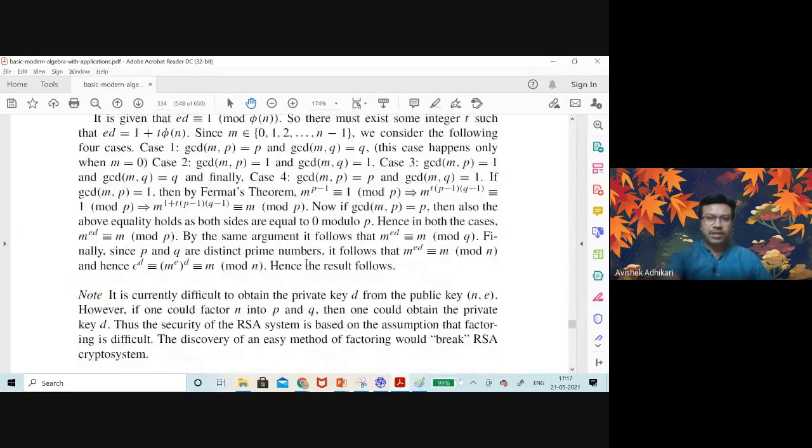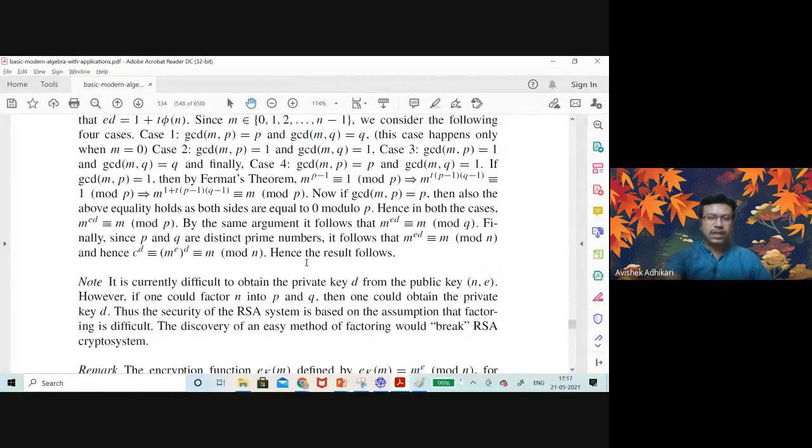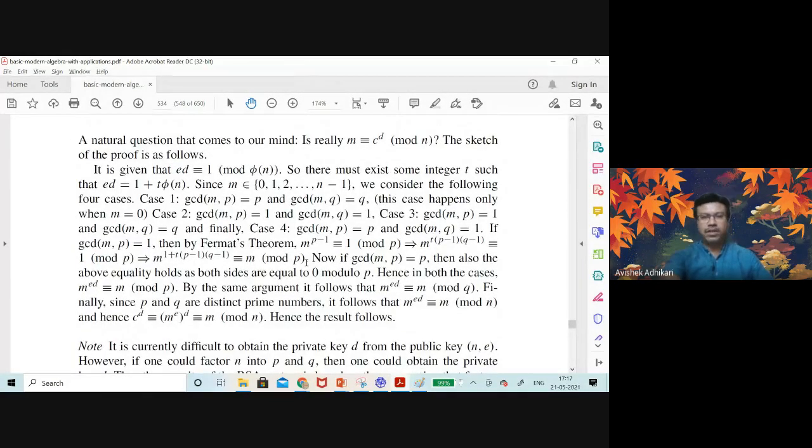So chapter 10 is very important because that is the number theoretic part that is used heavily in public key crypto systems, as well as in some cases, for example, in AES, you might know about Galois fields. So in my classes, I will also teach about Galois fields, and how these Galois fields are used in case of AES.